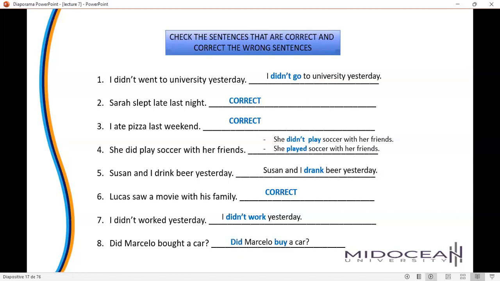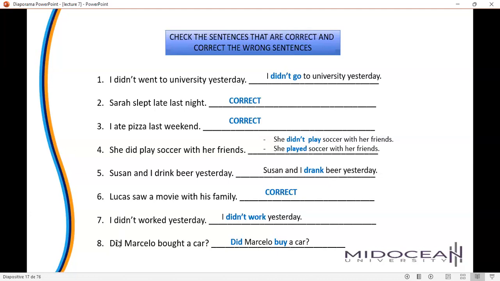Okay, nice answers. So here you said that the sentence is correct. Okay, so let's read again. So, did Marcelo bought a car? Here you have did plus the simple past of the verb, and not the base form.